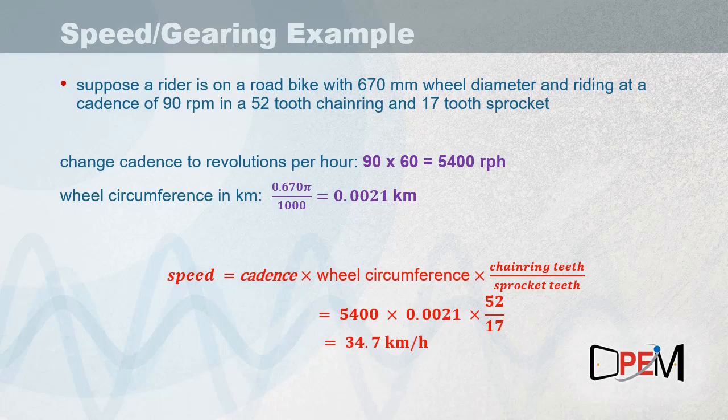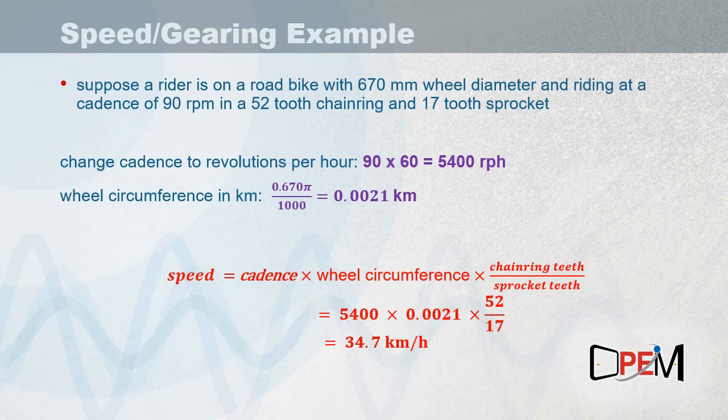And putting it all together, we find that the rider will be riding at about 34.7 kilometers per hour. And of course, we changed the units for the cadence, so we'd end up with something per hour, and we changed the wheel circumference, so we'd end up with something in kilometers, so that our final speed would be in units that are commonly used, kilometers per hour.